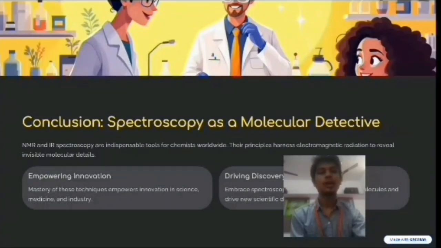Conclusion. Spectroscopy as a molecular detector. Spectroscopy acts like a molecular detector by revealing information that cannot be seen with the naked eye. By studying how molecules interact with light, spectroscopy helps identify functional groups, determine structure, and understand the behavior of substances. Techniques like IR and NMR work together to give both bond information and detailed molecular arrangement.